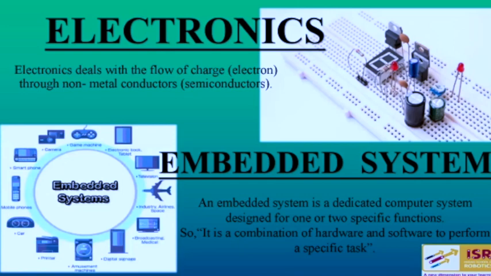These all examples are embedded systems. Suppose you are working on the washing machine, so you can't cook food in the washing machine, you can only wash your clothes. So this was the very basic example of an embedded system.